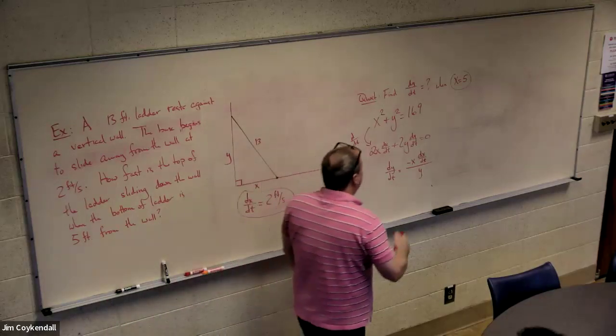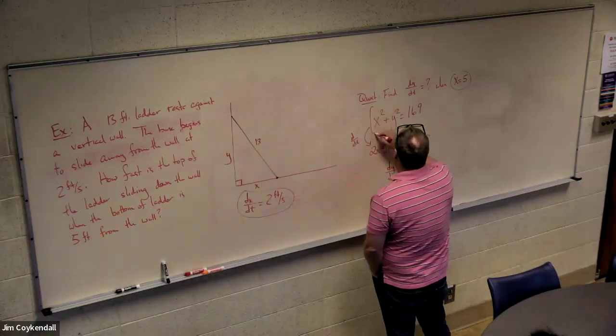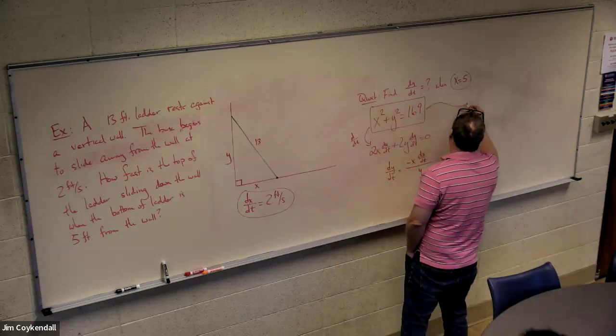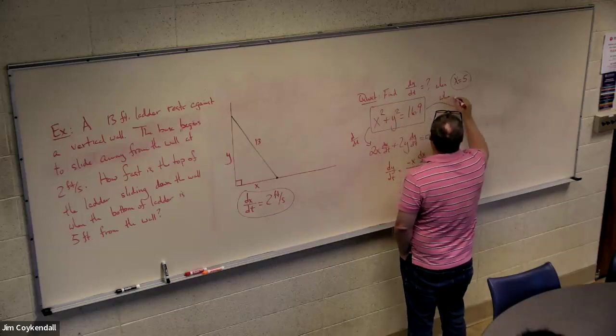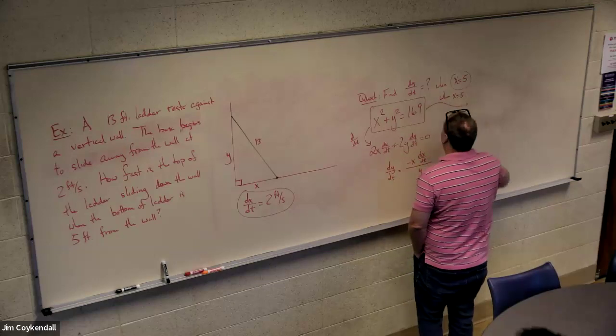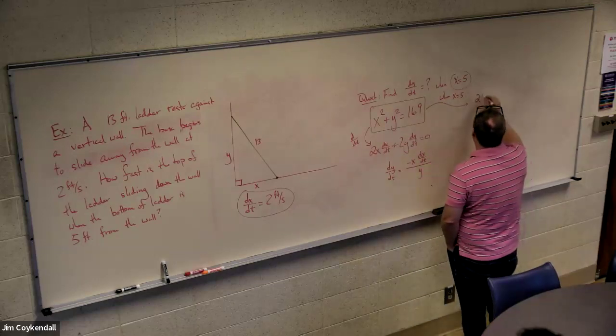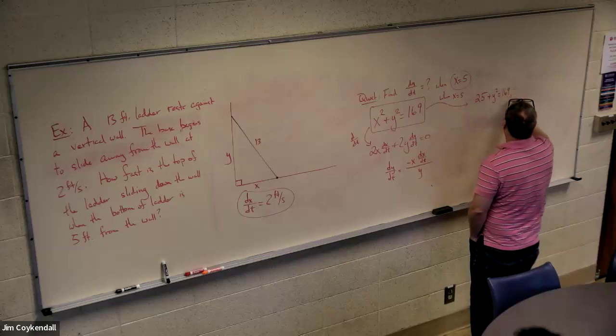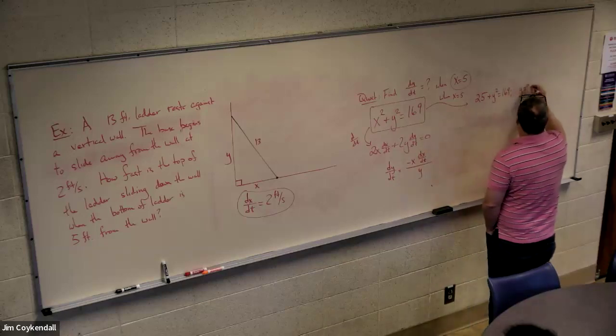That's right. Again, go back to this equation that governs everything. x squared equals 5, I get 25. y squared, 169. So I get y.